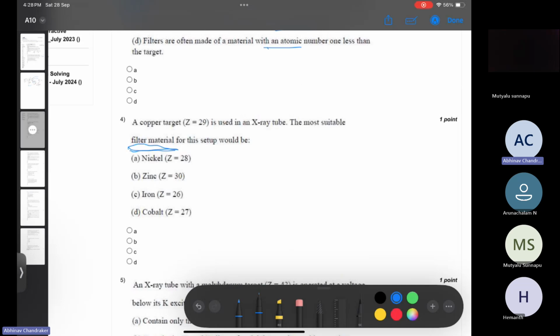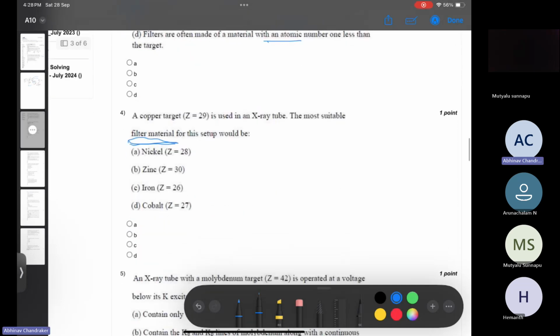So as I discussed in the previous question, the filter material should have an atomic number which is always lower than that of the target material, but usually lower by one atomic number. So here, if the target Z is equal to 29, then it is probable that using something with Z equal to 28 will lead to a decrease in the K beta wavelength, which we desire.